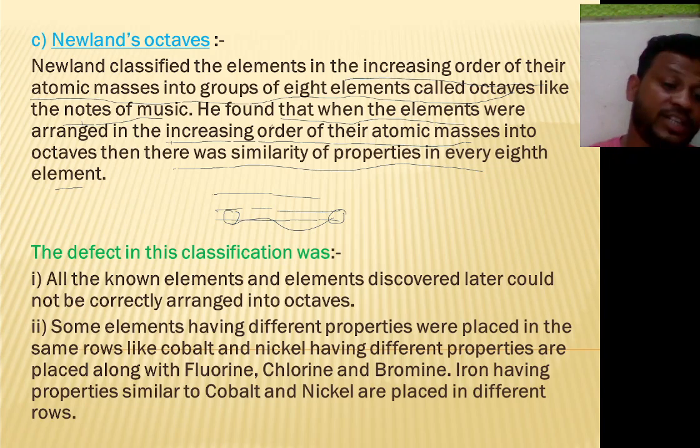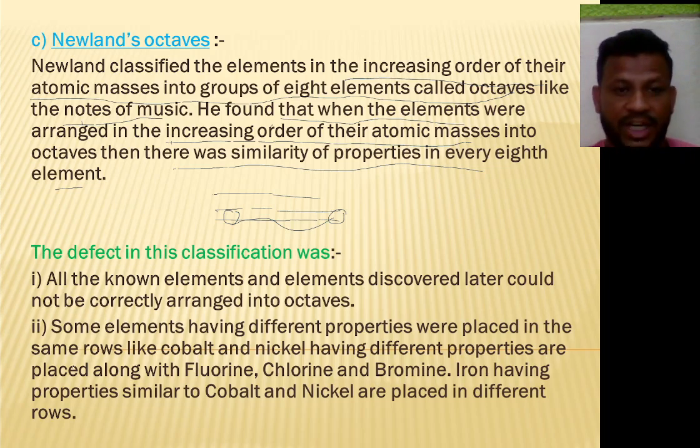And what are the defects, what are the problems in Newlands' octave? Let us see that. First point: the known elements and the elements discovered later could not be correctly arranged into the octave.